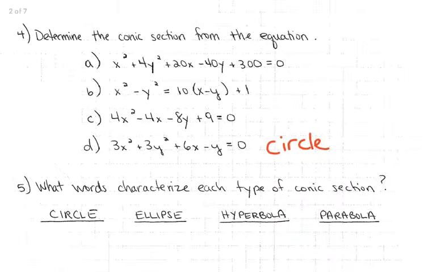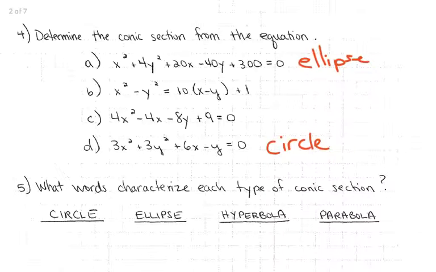If the conic has an x squared and a y squared, but the coefficients are not the same, but they have the same sign, it's an ellipse. A is an ellipse because x squared and y squared is in the equation, but the coefficients are not the same.